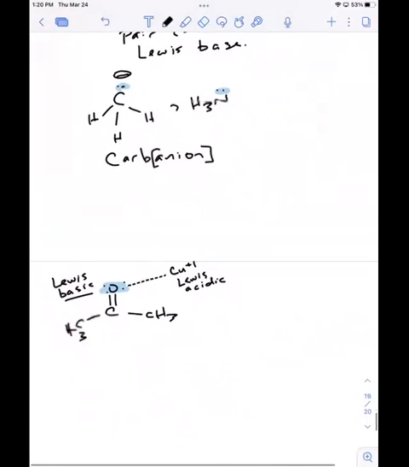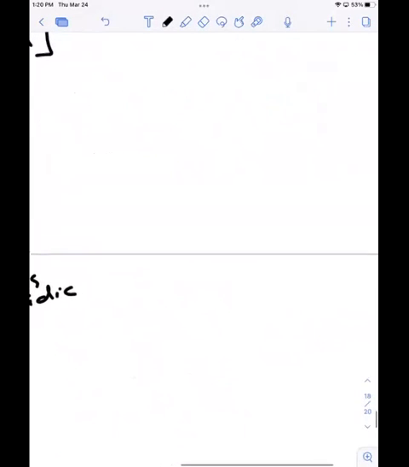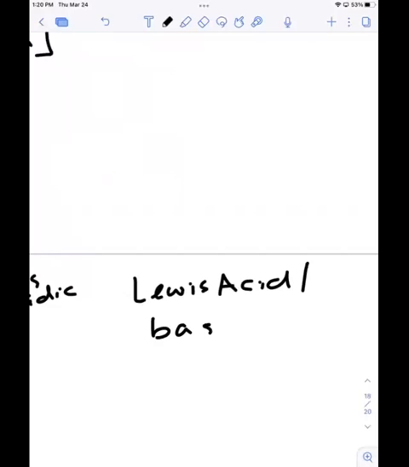So it's a little bit different than the concept of acids or bases that we're used to. Lewis acid is an electron acceptor. Lewis base is an electron donor.